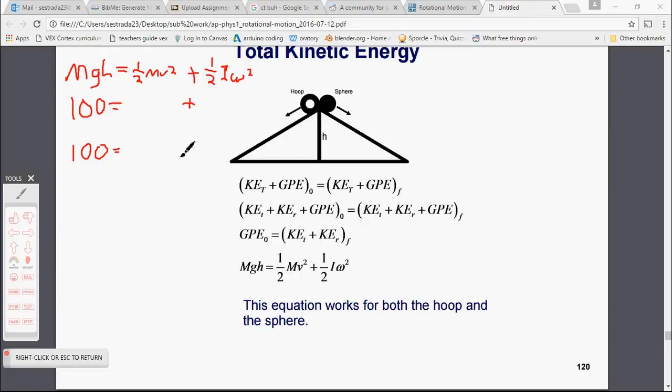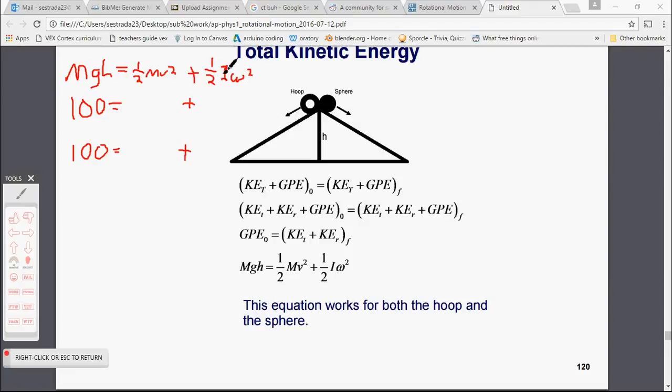Now which one of these objects has a greater rotational inertia, a greater I? So go ahead, pause, talk about it with your group, and see which one has a greater rotational inertia. You should have gotten that the hoop has a greater rotational inertia because the mass is farther away from the axis of rotation.